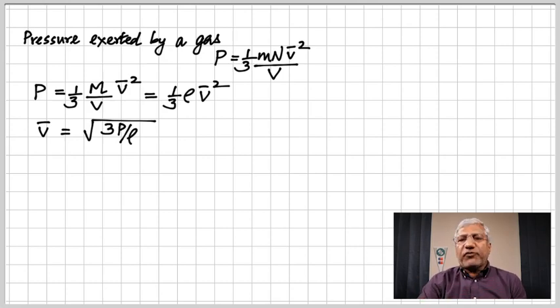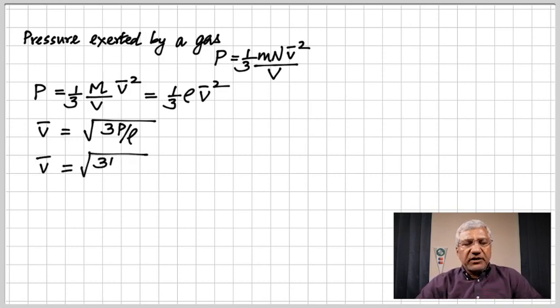Okay. There's another formula that we could use to find the root mean square velocity, and that is square root 3RT by m. Now, in this formula, it is very important to note that m is the molecular mass. So if you're talking about oxygen at 27 degrees Celsius, then you can calculate the root mean square velocity. 27 degrees Celsius in Kelvin is what? 300 Kelvin.